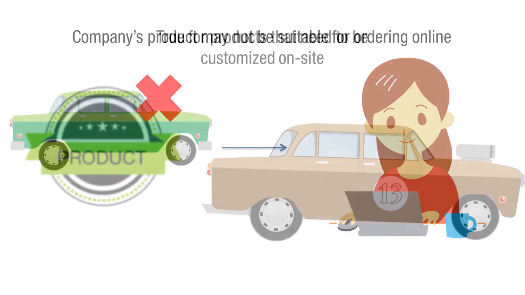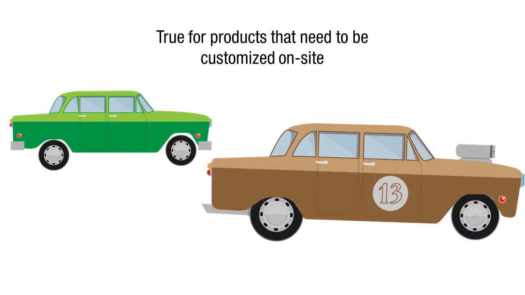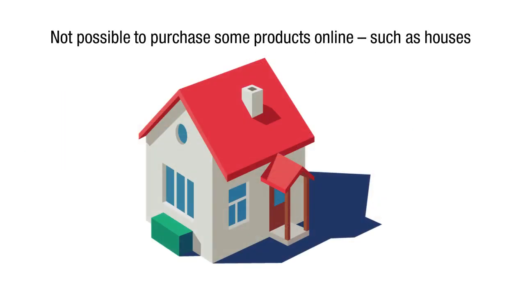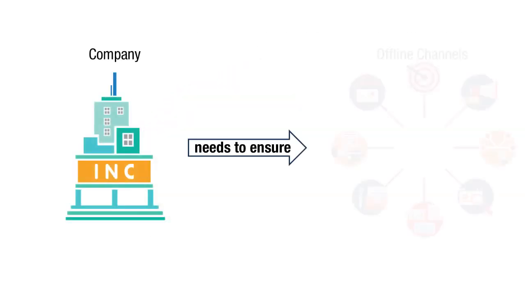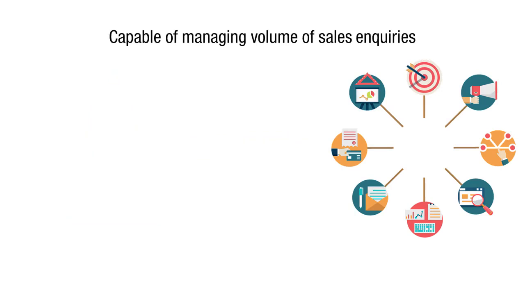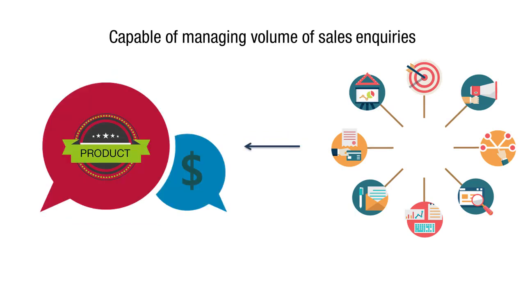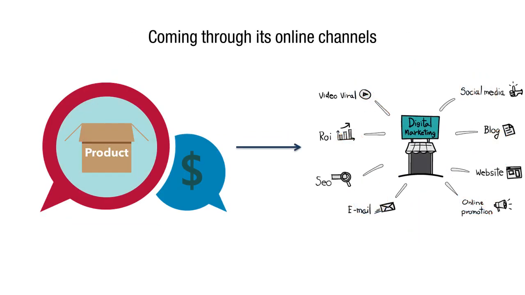This is especially true for products that need to be customized on-site. It's not possible to purchase some products, such as houses, online. In such cases, a company needs to ensure that its offline channels are capable of managing the volume of sales inquiries that come through its online channels.